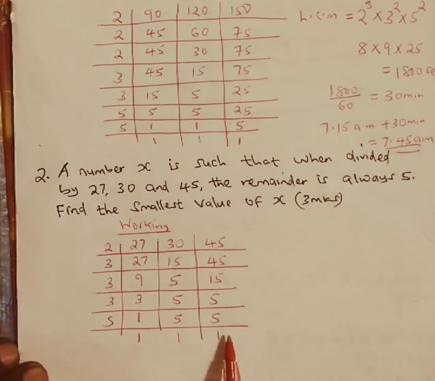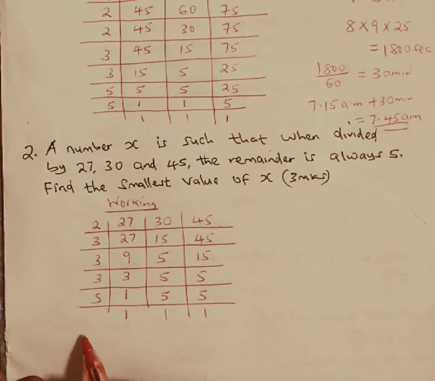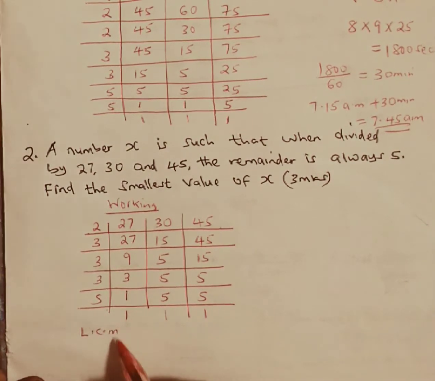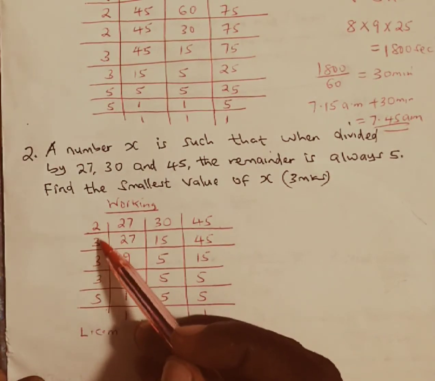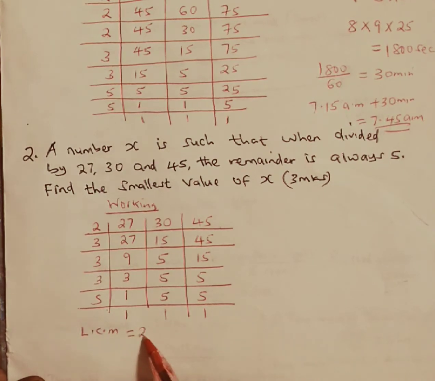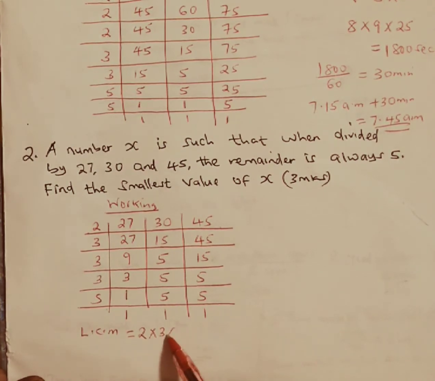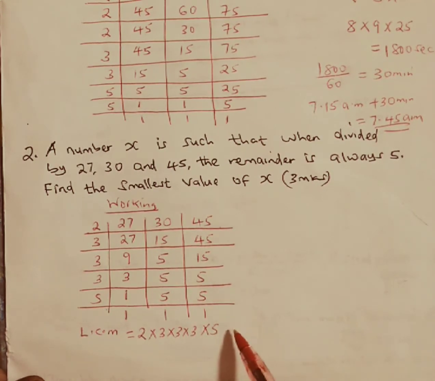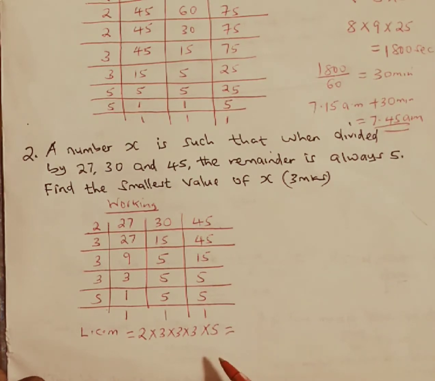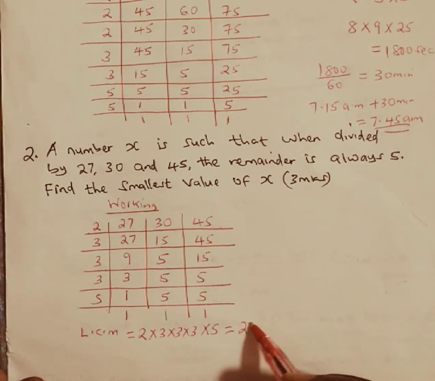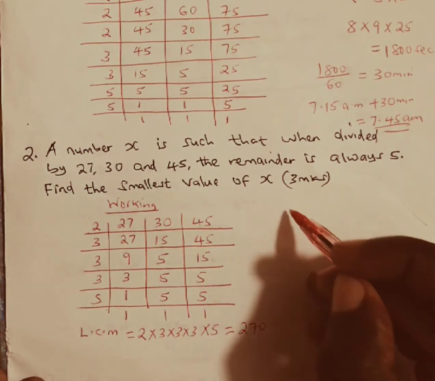So the LCM in this case will be equal to the product of all these factors, which is 2 times 3 times 3 times 3 times 5, and this gives us 270.